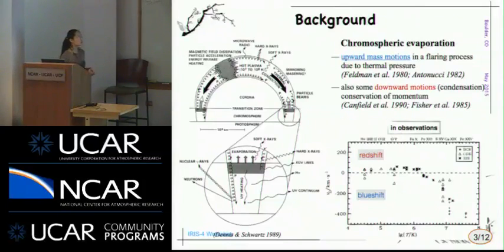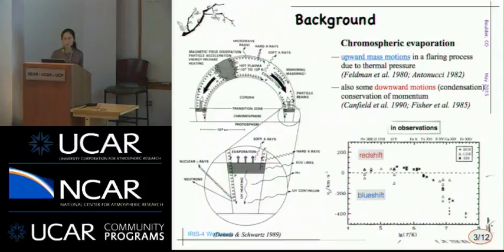Here is an observational summary of Doppler velocity as a function of formation temperature for different spectral lines from BCS, CDS, and EIS in different solar flares. Here we see the cool lines basically show redshift and the hot lines show strong blue shift.